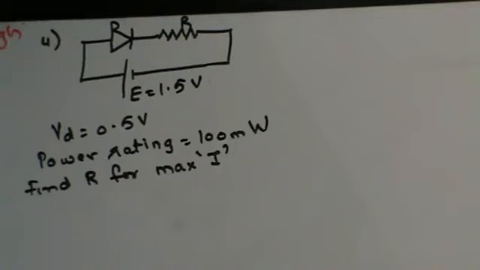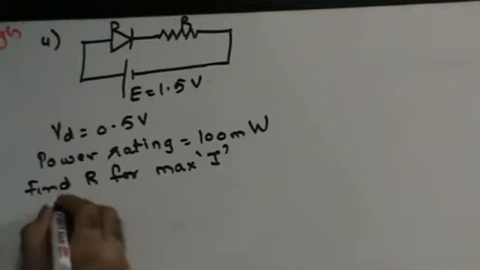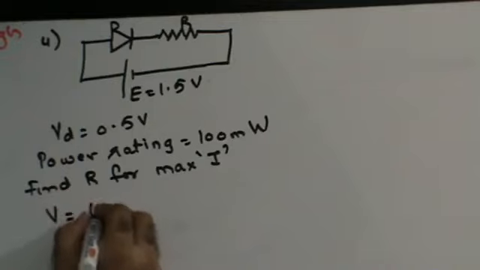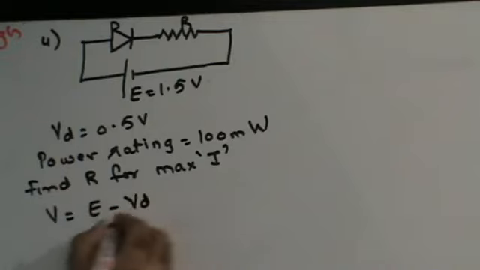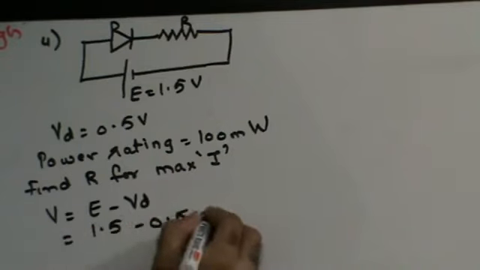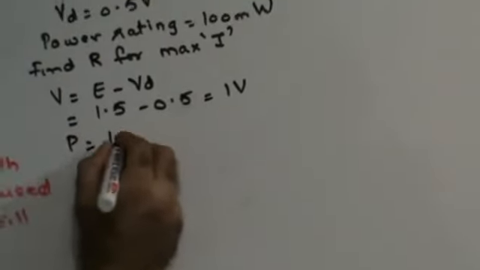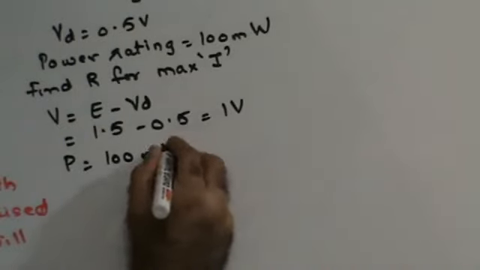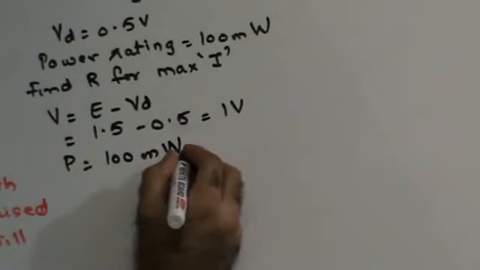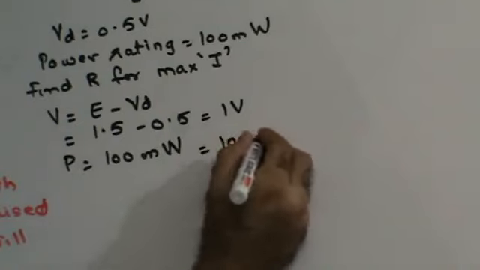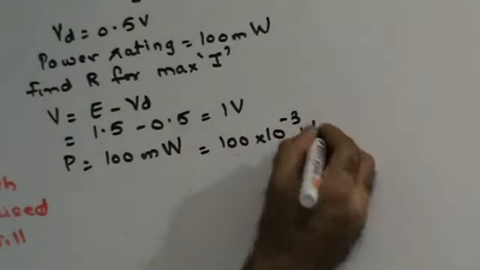Now, if EMF is 1.5 volt, then the potential difference is EMF minus the potential drop across the diode, that's 1.5 minus 0.5, that's 1 volt, right? Moreover, they've given you that the power rating is 100 milliwatts, that's 100 into 10 raised to minus 3 watts.